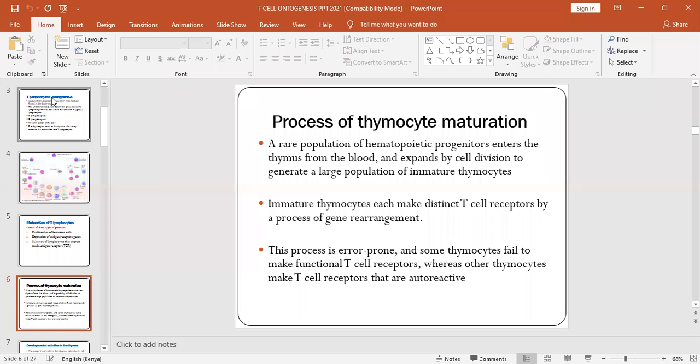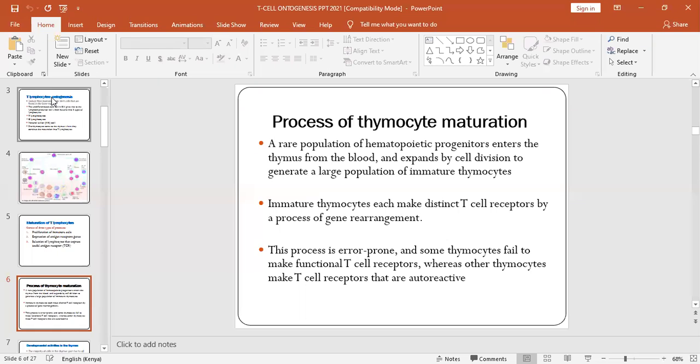And lastly, this process, like any other, is error-prone. That means that errors do happen during development, and these errors must be recognized because there are implications that come with them. One reason is that some of these T cells might end up reacting with self-antigens and cause autoimmune diseases.